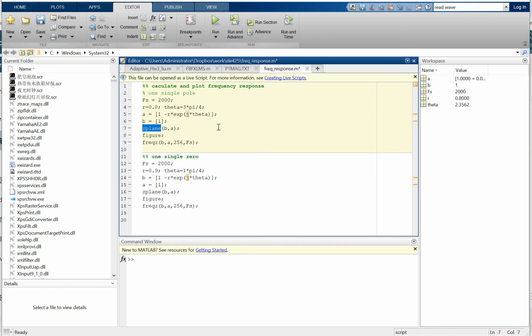You can plot the poles and zeros figure for a system. Second function we call freqz. This one can show the frequency response of a system. So we're going to run this section only. You can click run section in your Matlab. It can only run the first section.